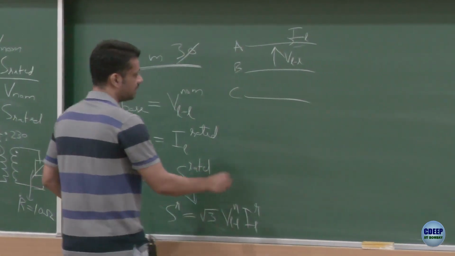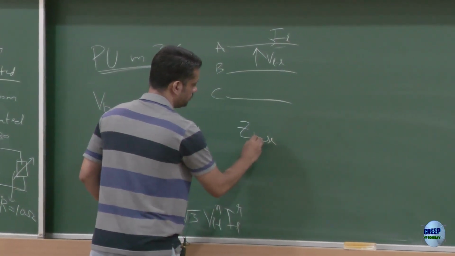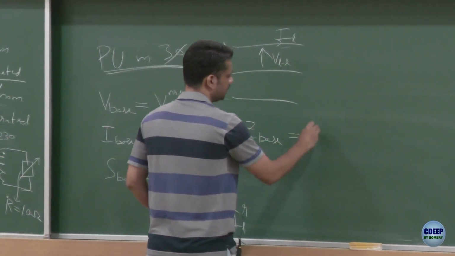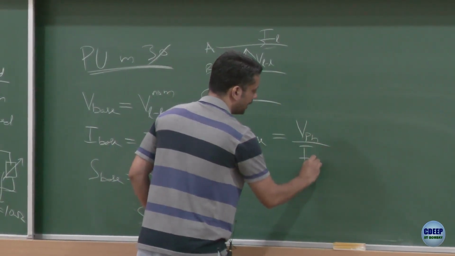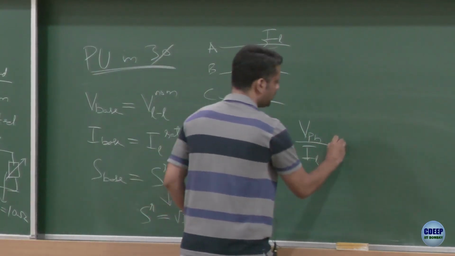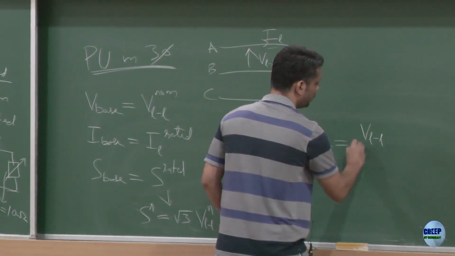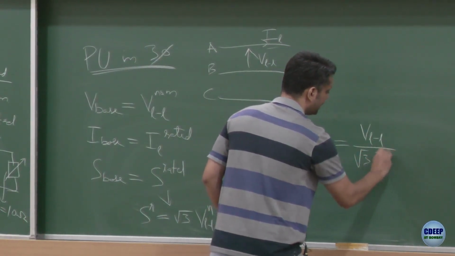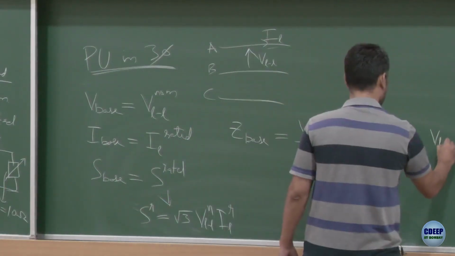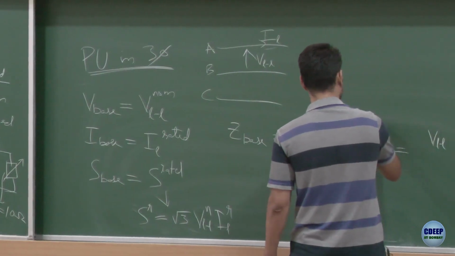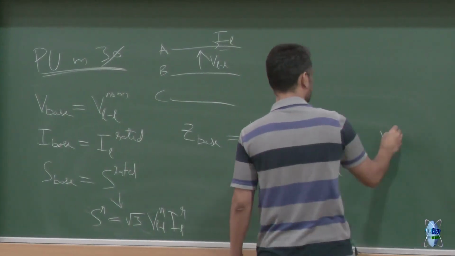Z base is defined as V phase upon IL, which is nothing but equals to V L to L upon root 3 times IL, which is nothing but equals to V L to L, this is rated or nominal.